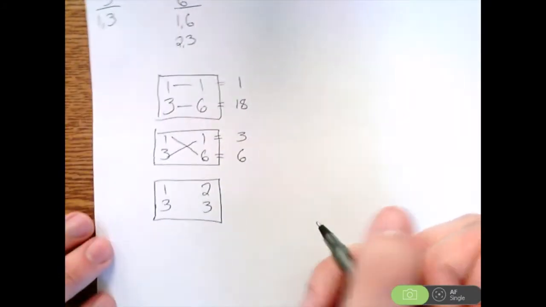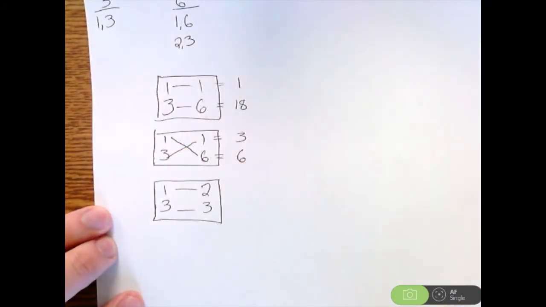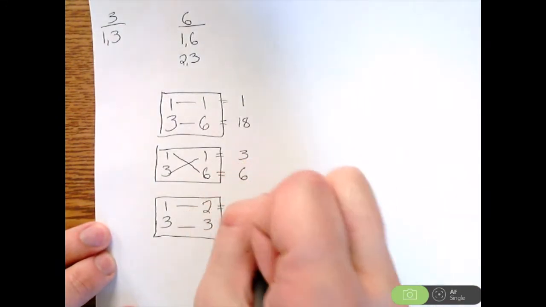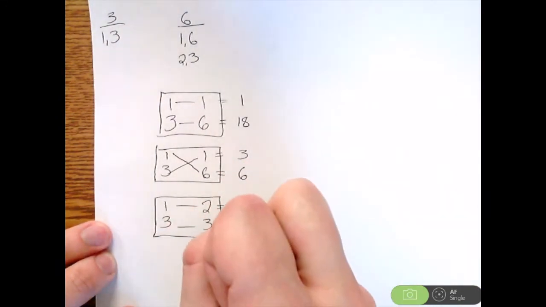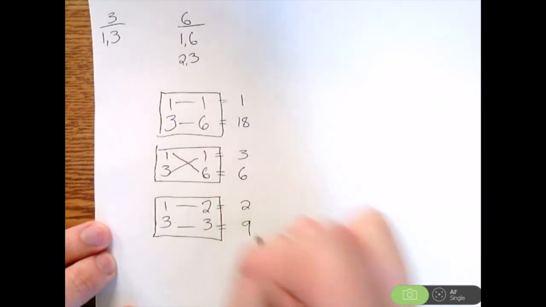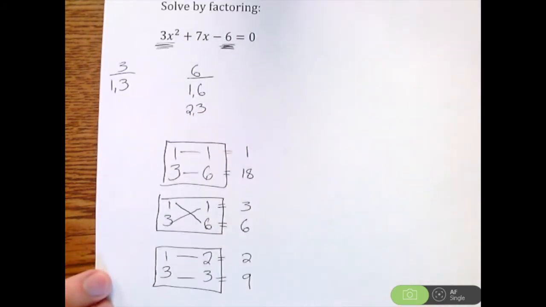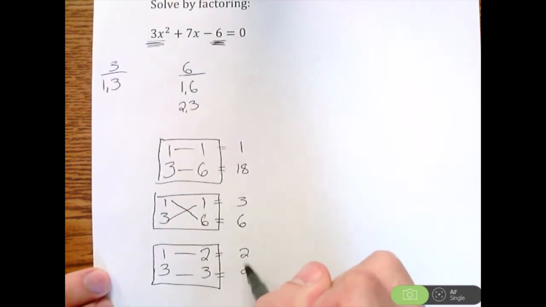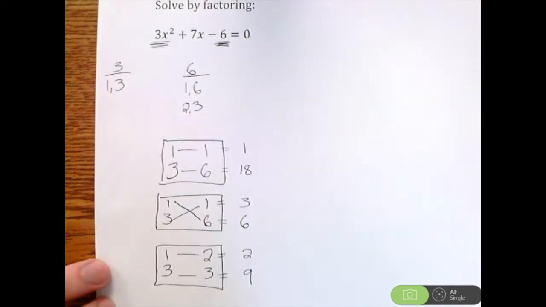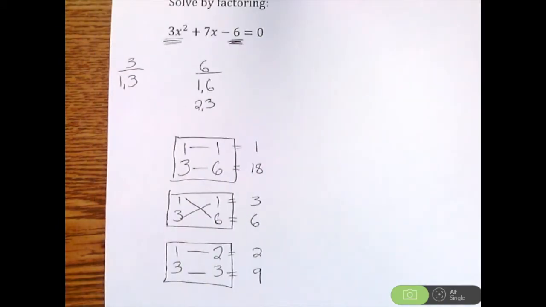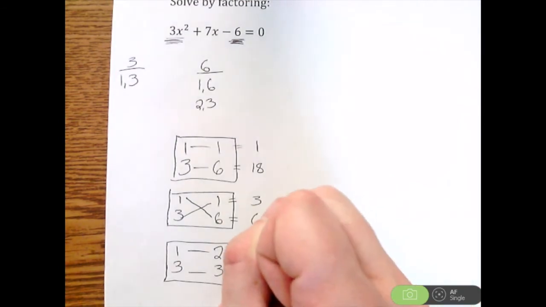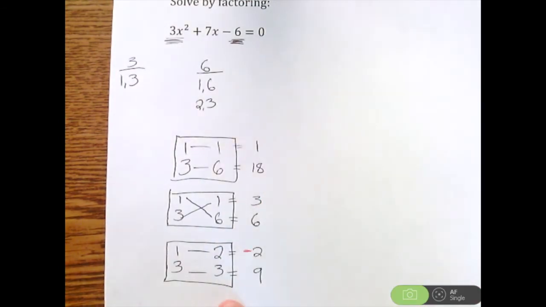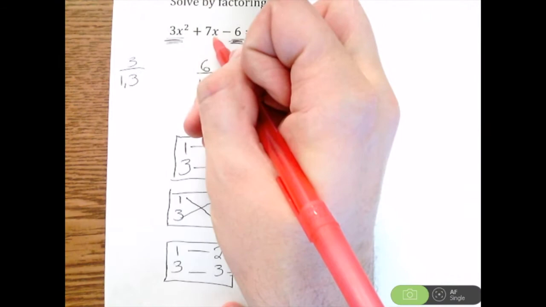The first thing I'm going to try is multiplying straight across. 1 times 2 is 2. 3 times 3 is 9. Now, is there a way I could use 9 and 2 to get 7? Fortunately, there is. If I had a positive 9 and a negative 2, 9 minus 2 is 7.